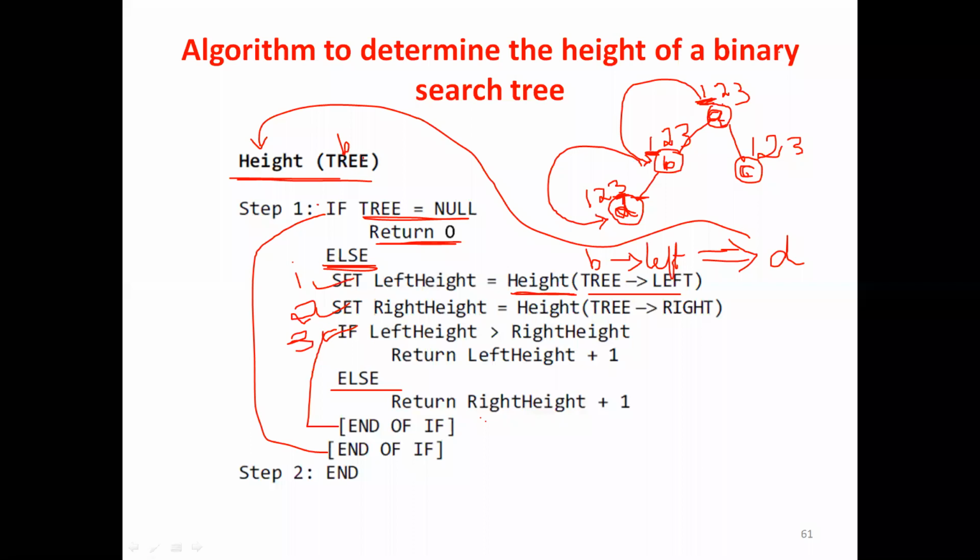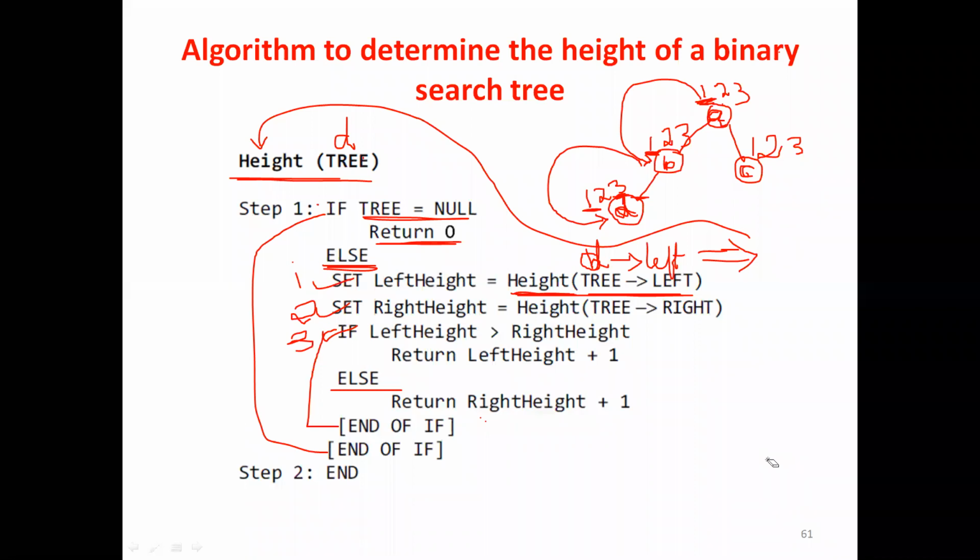Now it is D. Again going. Tree is D, is it equal to null? No, it's not null, so the if will not work. D has some address, so now the first step will work. What is the first step? Height of tree left. Now tell me, D left implies what? D left implies null.